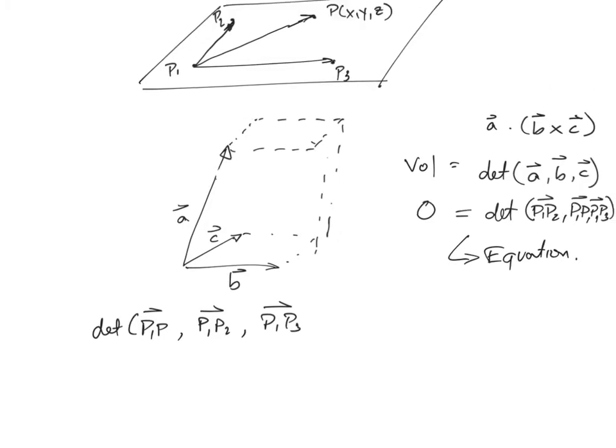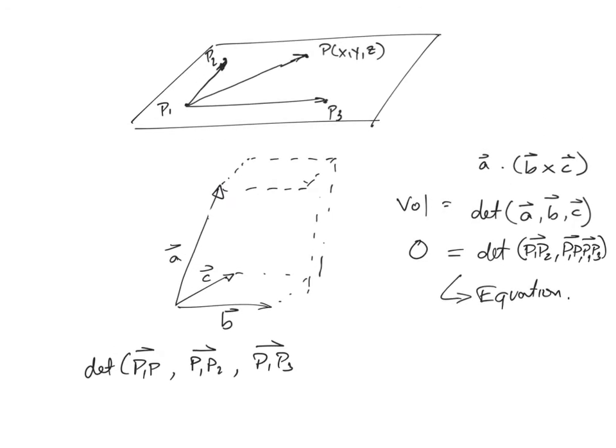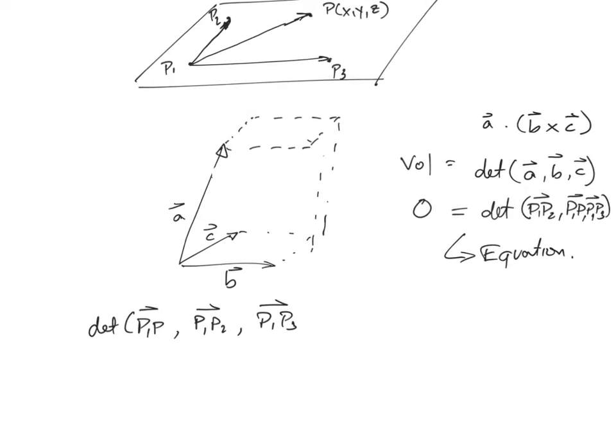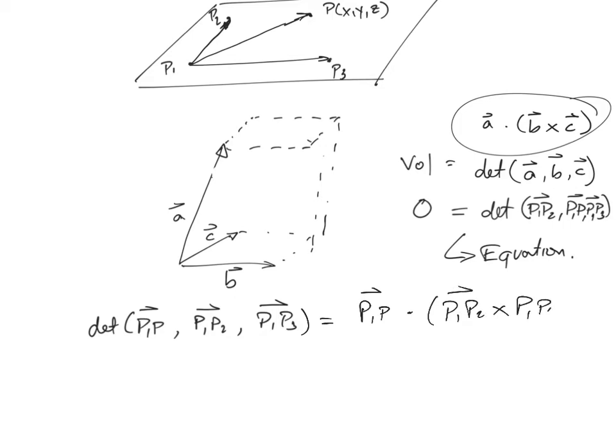It's still the same three vectors inside of that plane, and all these points are on that plane. So instead of finding the determinant, we're just going to rewrite that as our triple scalar product up here. So that means P1P, that vector, dot P1P2 cross P1P3. I just rewrote the determinant as the original triple scalar product.